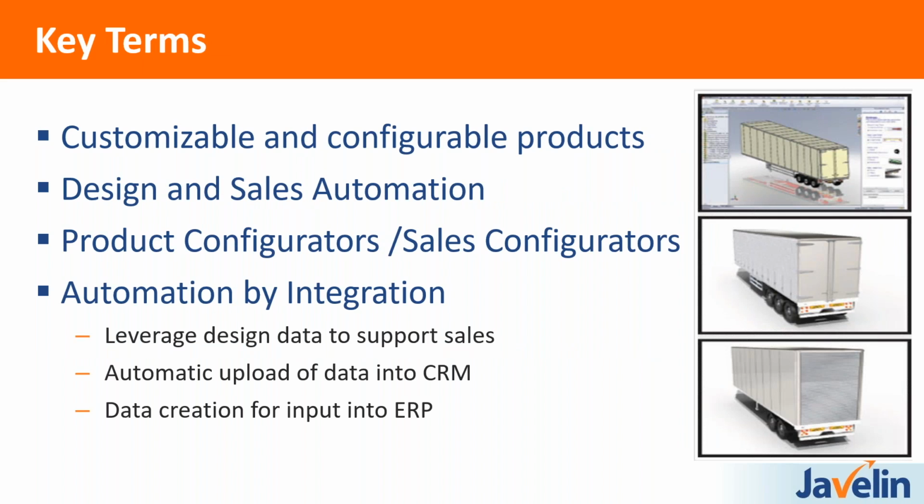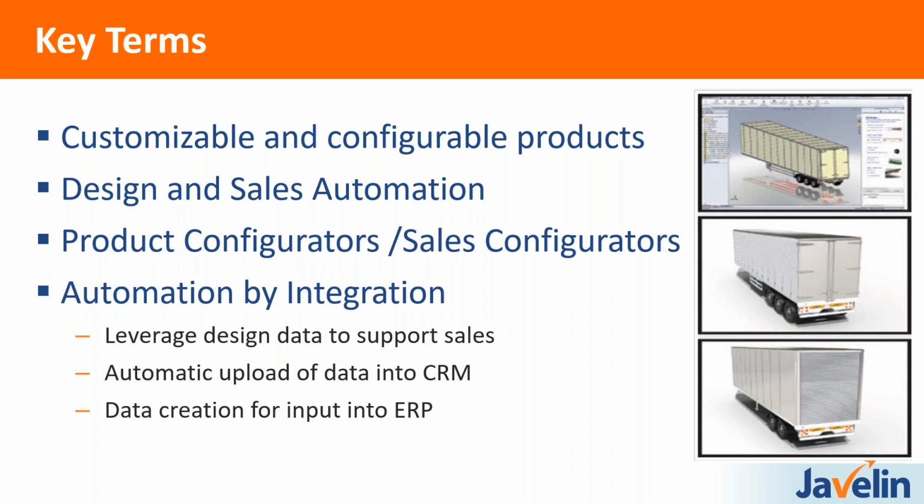In terms of the terms that I use, our focus is mainly on customizable and configurable products. If your company does custom automation that today makes shampoo bottles and the next day makes car parts, that's not really a fit.